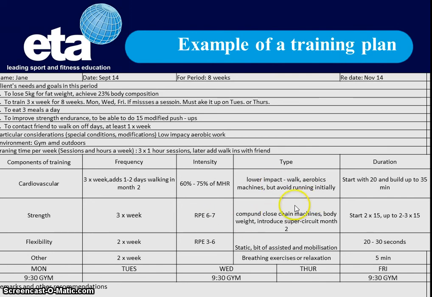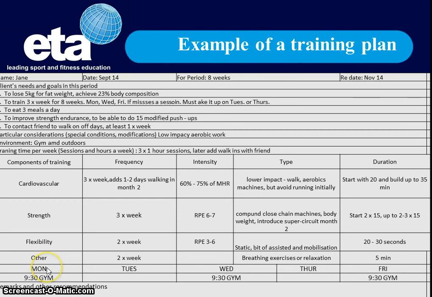Understand that RPE is a perfect measurement of intensity because it's the client's measurement and not your measurement. For a beginner, we look at closed chain compound exercises using body weight, and then you can progress to super circuit in month 2. And for flexibility, apply the same principle as for strength, and then look at type, which you can find under training methods.